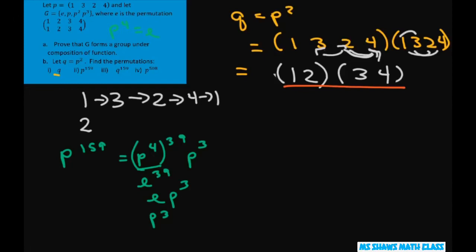So now we just do P cubed. That's P squared times P, which is (1 2)(3 4) times (1 3 2 4).